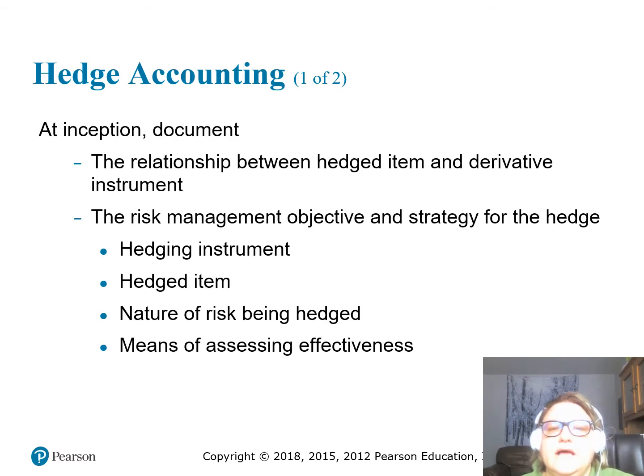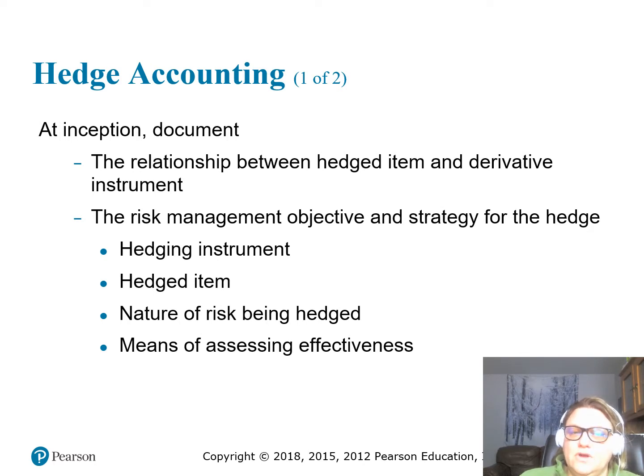In hedge accounting, you're going to look at the relationship between the hedged item's cost on the balance sheet and the derivative instrument and how it is fluctuating. And then you're going to try to set up a risk management objective and strategy for the items and assess the effectiveness of a hedge.